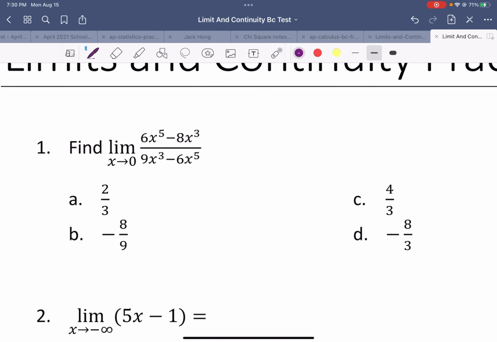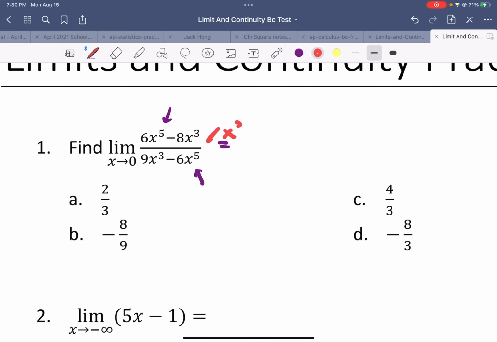The way you do this one: when you plug in 0, you get 0 over 0, so that's the right form to use L'Hopital's rule. But since this is a fifth power, you're probably going to need to apply L'Hopital's rule many times. So I think the best way is to divide by x cubed, top and bottom.